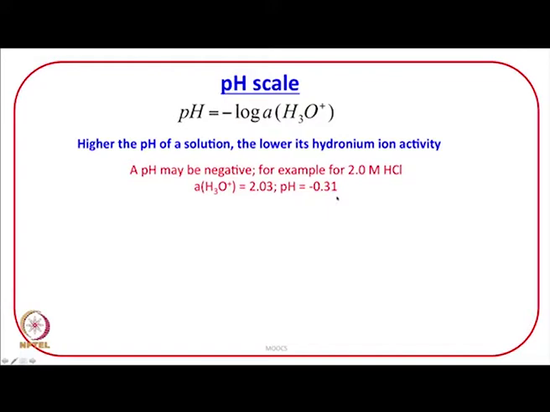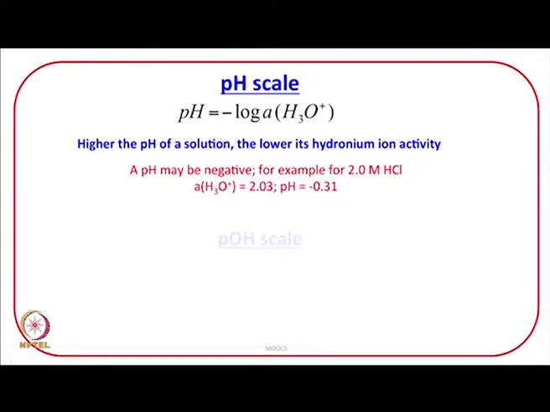That is what I said earlier: if the concentration or the activity of hydronium ion is very high, the pH is going to be very low, and vice versa.